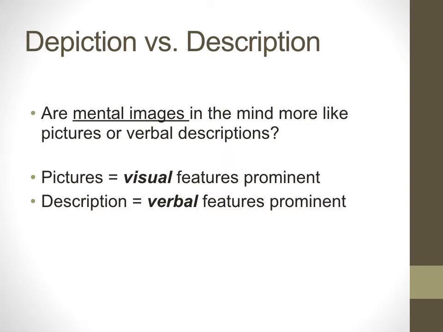When it's a description, the verbal features are prominent. So it's more like how you describe things than how you see them, if that makes sense. To give you more information, we're going to talk about a study involving depiction versus description.